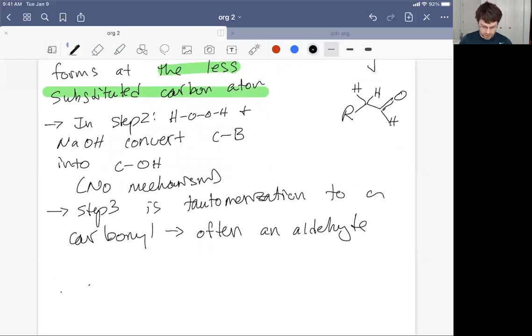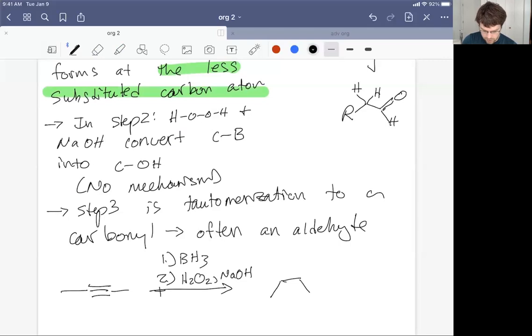But if you took something like this with equal substitution, and I don't want to mix substitutions, like I don't want to have a cyclohexyl and a methyl because we get both products formed. But if I've got symmetry across my alkyne, I could do the 2-step sequence where step 1 is BH3 and step 2 is H2O2, hydrogen peroxide, along with sodium hydroxide to give rise to a carbonyl.